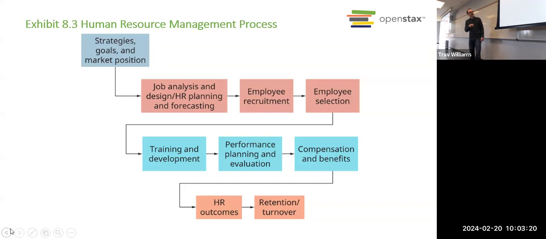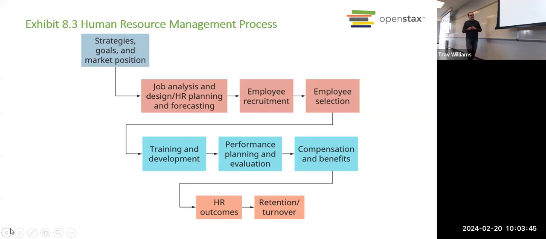Then you have to train them. Some of them you want to develop so that they can become supervisors or take on expanded roles. You need to evaluate if they are meeting the performance expectations. And by the way, a lot of these HR tasks are done together with the managers of the individual departments.